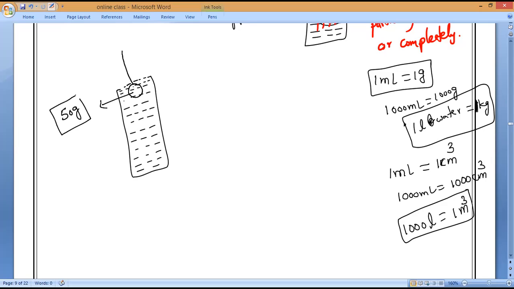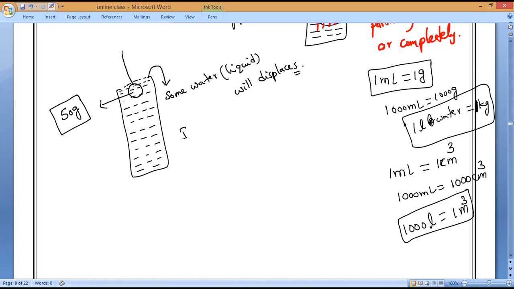What is the stone mass? 50 grams. Now, when this stone is immersed inside, definitely the water will overflow and some amount of water will fall down. Is it yes or no? Yes. I am saying liquid, consider it a liquid, guys, not water. Some liquid will be displaced. Is it right or wrong? Everybody?